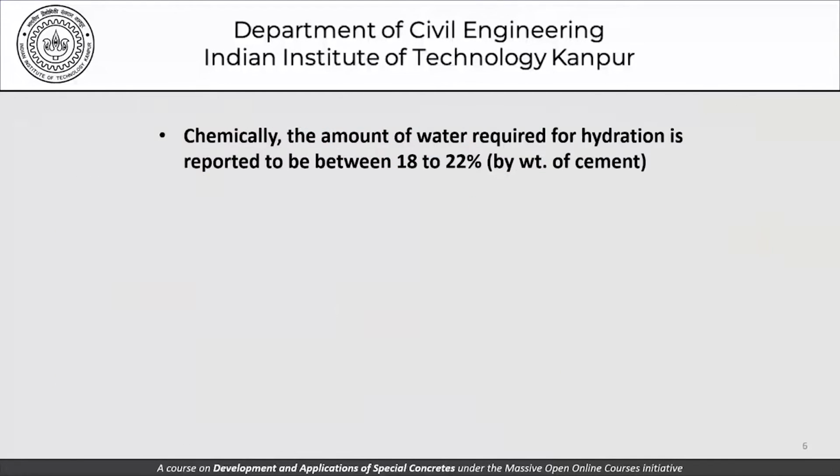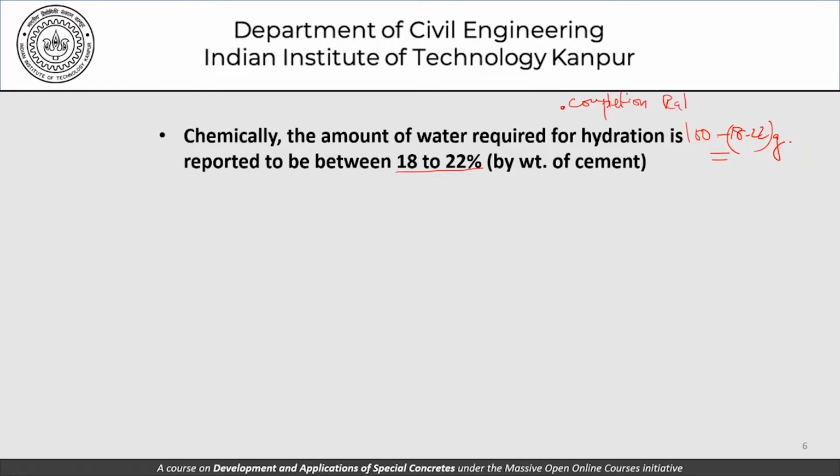If that is what we agree upon, then let me also share with you that chemically the amount of water required for hydration is reported to be between 18 to 22% by weight of cement. That is, for hydrating 100 grams of cement, we need 18 to 22 grams of water. Now, of course, any reaction has 2 dimensions to it: completion and rate.